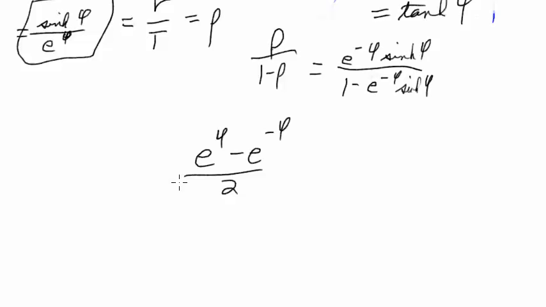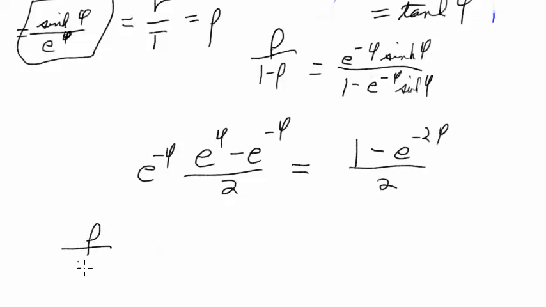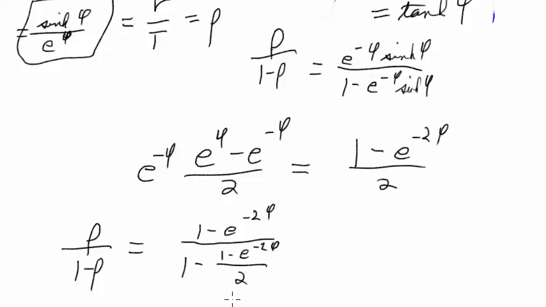So when we multiply that by e to the negative phi, we would get 1 minus e to the negative 2 phi over 2. So rho over 1 minus rho is equal to 1 minus e to the negative 2 phi over 2 divided by 1 minus that, multiplying top and bottom by 2.